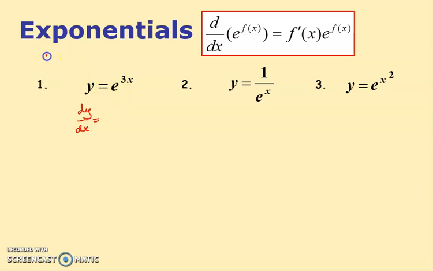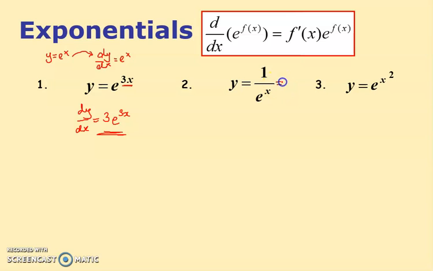You should know that if I have y equals e to the x and I differentiate it, this is the beauty of e to the x, dy by dx is still e to the x. So here, all I'm doing is saying I know it's going to be e to the 3x, but now I've got to times it by the differential. And you'll see that the 3 just came down the front. I think we've seen those before.